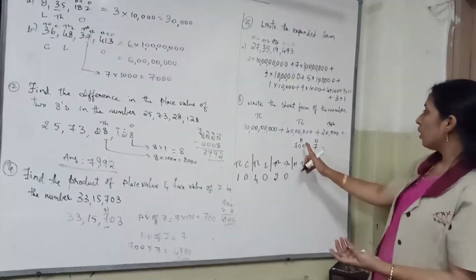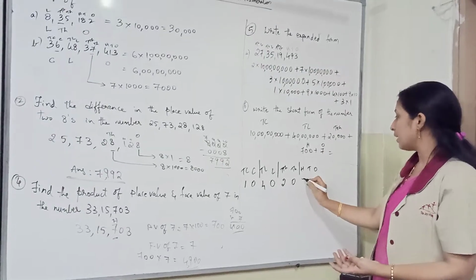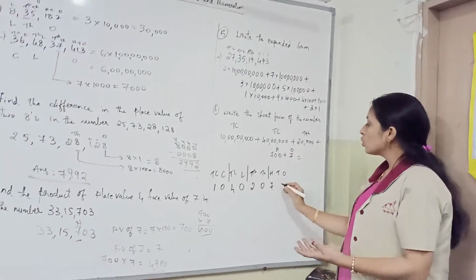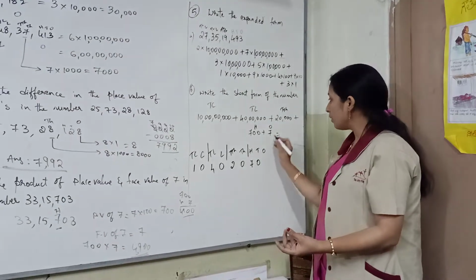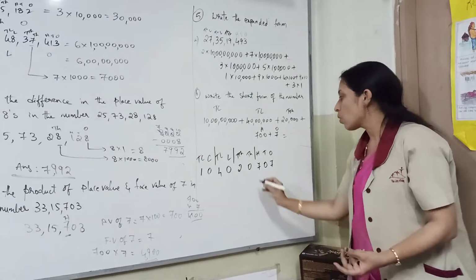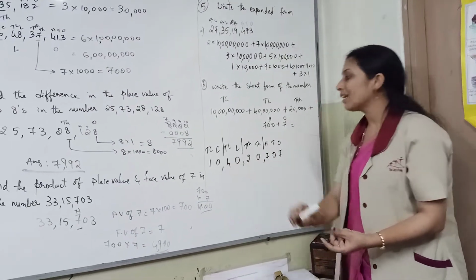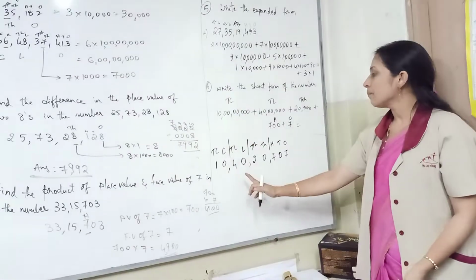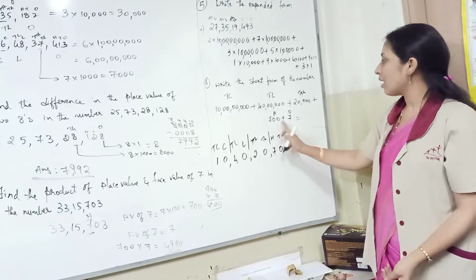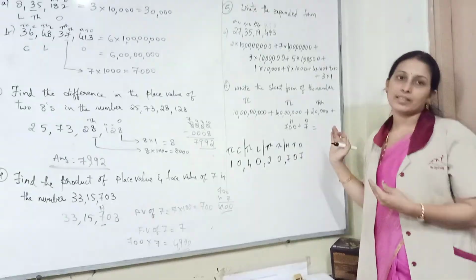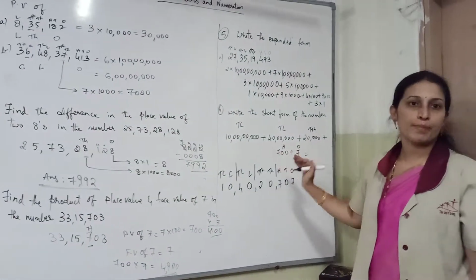See? Now is there any tens here? No. So when there is no tens, then we will write 0 there. So here in ones place what will we write? 7. So what is the answer here? And mark the commas without fail. 10 crores, 40 lakhs, 20,707. This is how we write the short form of any given expanded form.